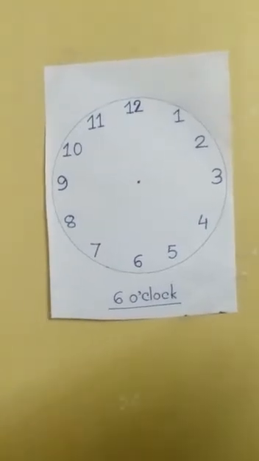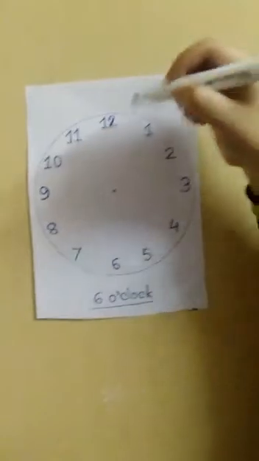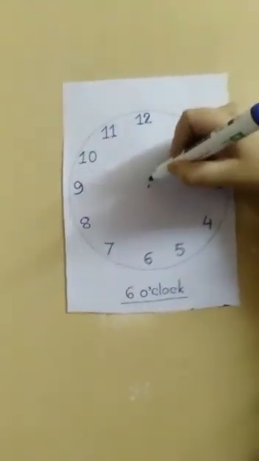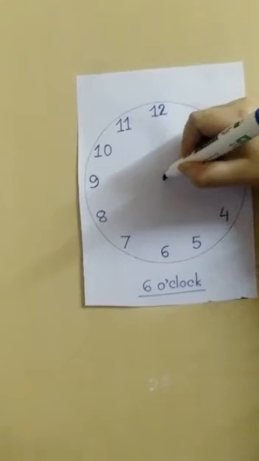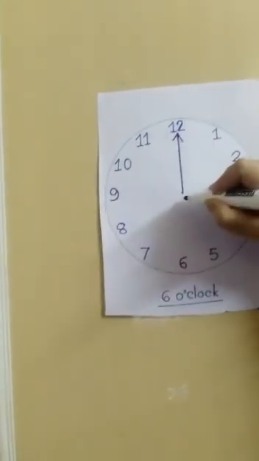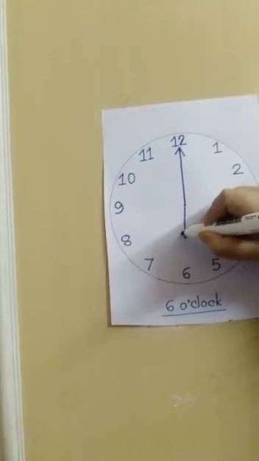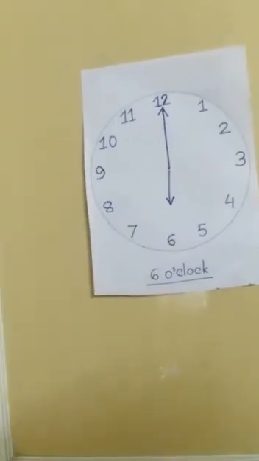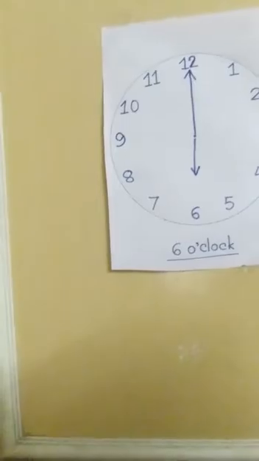So I am going to draw the minute hand to 12 and the hour hand to 6. This shows us that this is 6 o'clock.